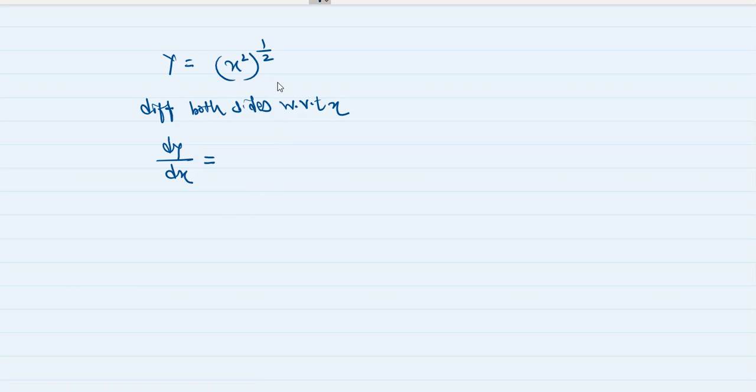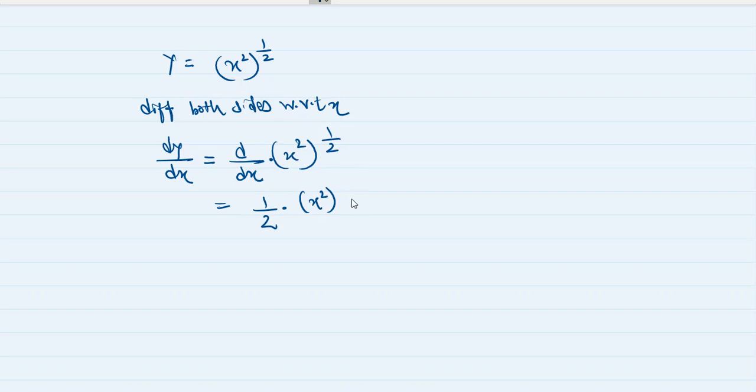Now I told you to identify the outer function. The outer function is raised to 1 by 2, that is under root. So whatever is inside, we are going to keep it as it is. Dy by dx is equal to d by dx of x square raised to 1 by 2, which will become 1 by 2 multiplied by x square. See, I'm not touching x square.